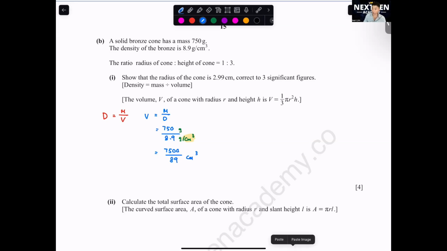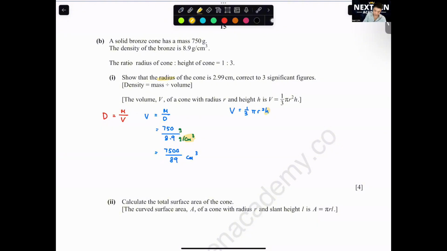Then what is the volume? Volume is equal to 1 over 3 pi r square h. They want us to find the radius, but h, I don't know what it is.